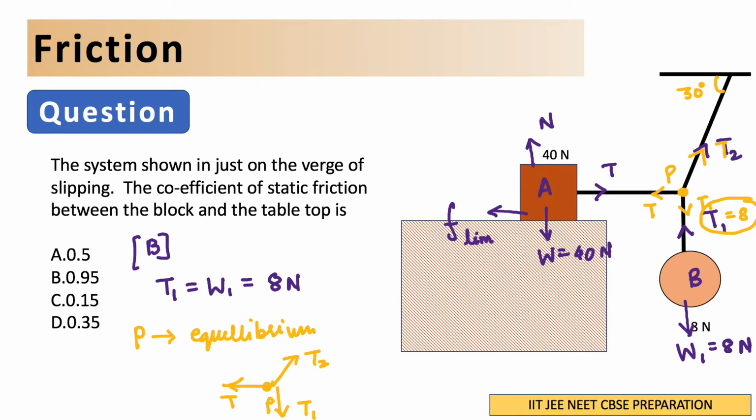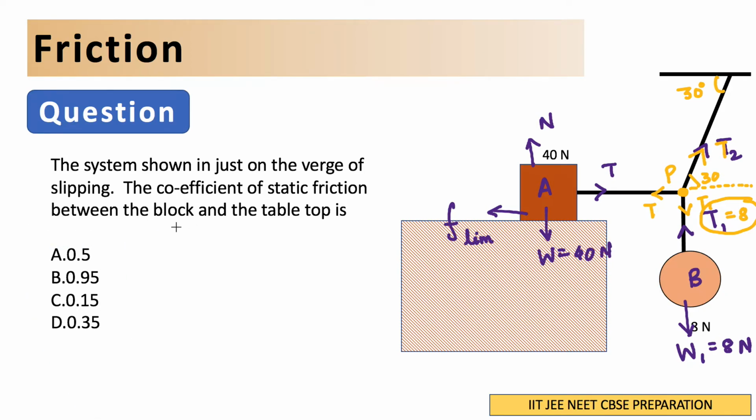So if you try and resolve the angles, what are we going to get? Let me mark the angles now. If this is 30, let's just extend this. This will also be 30, right? So let's take a clean slide and draw the diagram for this.